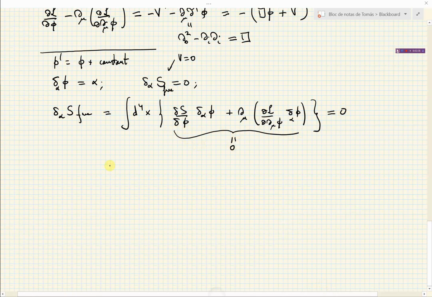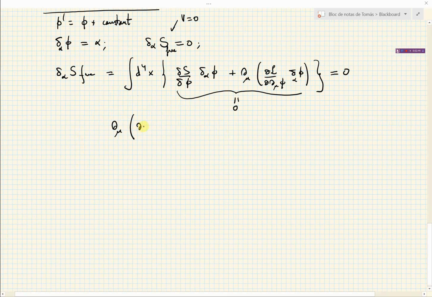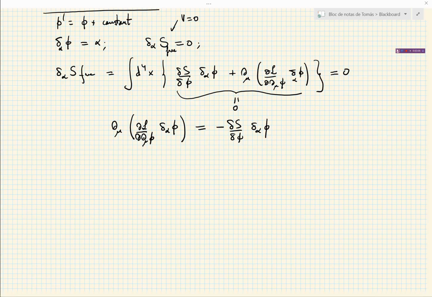And we can express it in this way. Let's see, partial L, partial mu phi, delta alpha phi, is equal to minus the equations of motion times delta alpha phi. For this simple variation, delta alpha phi is a constant alpha that comes out of the derivatives, and we can take it as a common factor.